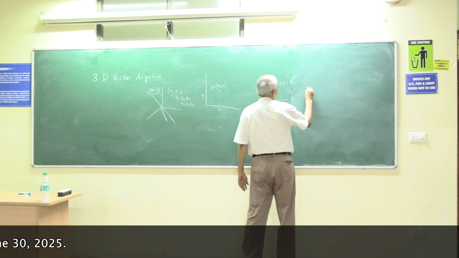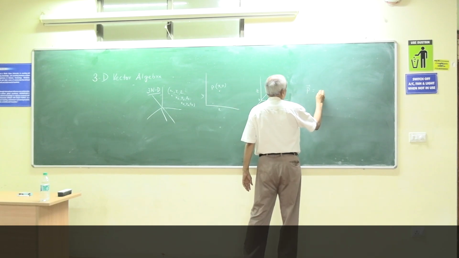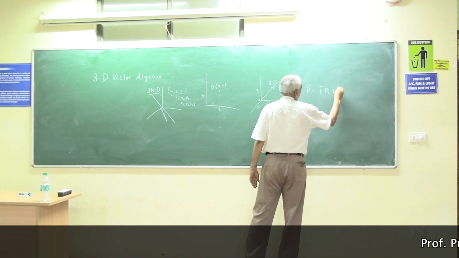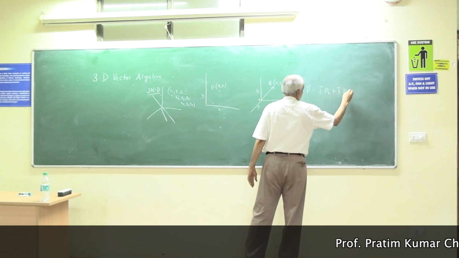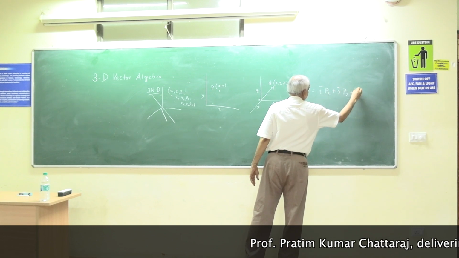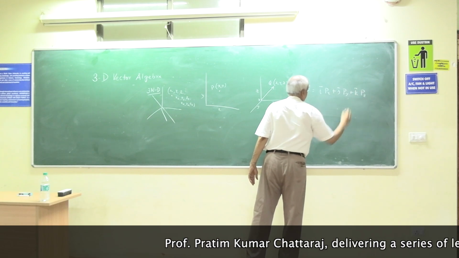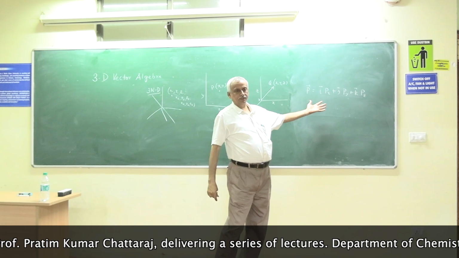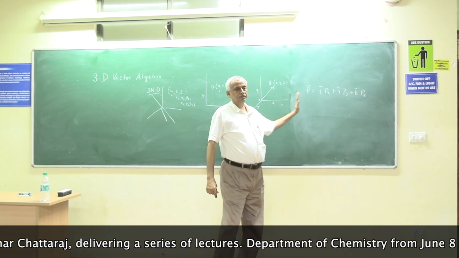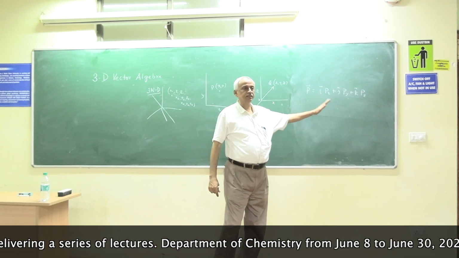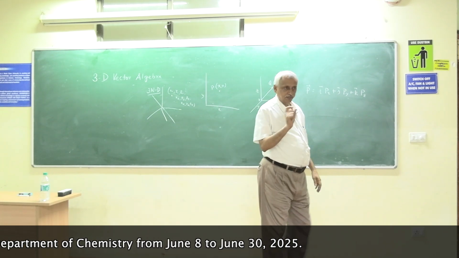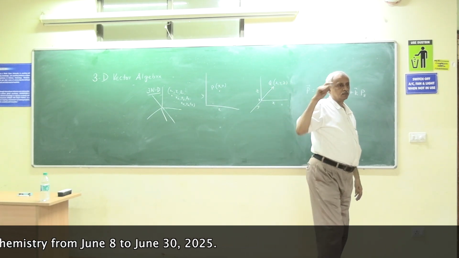If I call this vector P, I write it as i Px plus j Py plus k Pz. Here i, j, k are unit vectors along the x, y and z directions, and Px, Py, Pz are called scalar components because they are not vectors. i, j, k are vectors.